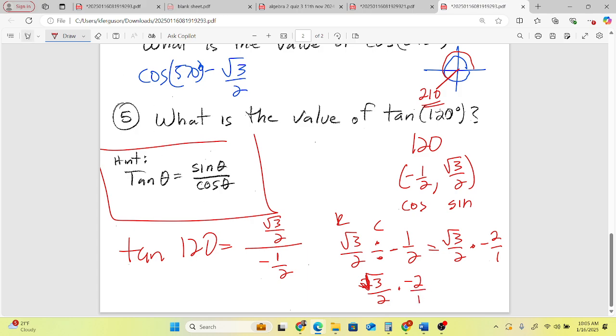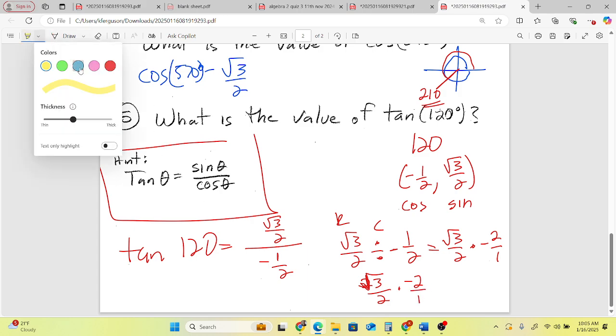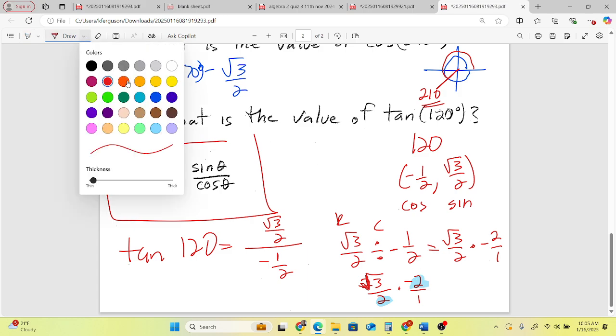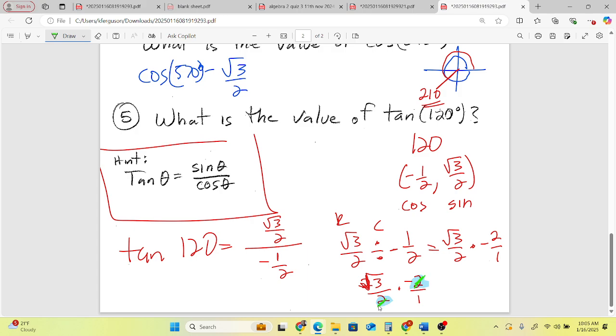Well, if you look, this value and this value, they're the same. They can cancel each other out. Now, not the negative. It's important that you leave the negative because that's not involved with what we're doing yet. So I'm going to take away the 2, take away this 2. What you're really doing is it's a division problem. So it's saying 2 divided by 2. 2 divided by 2 is 1.